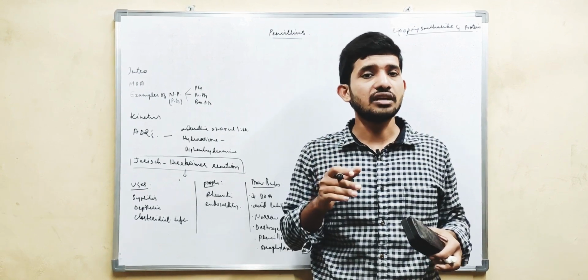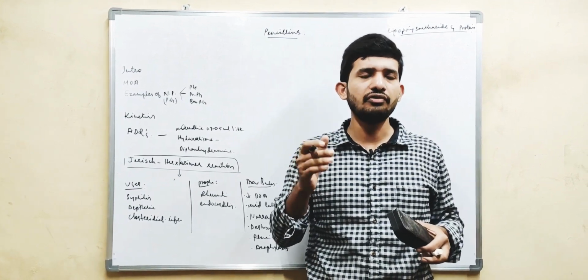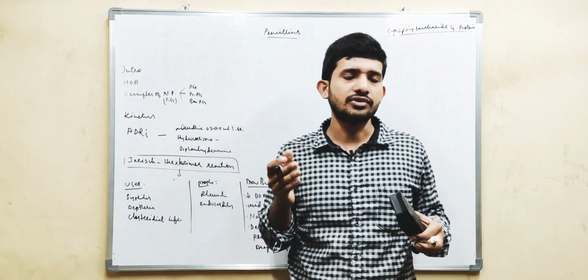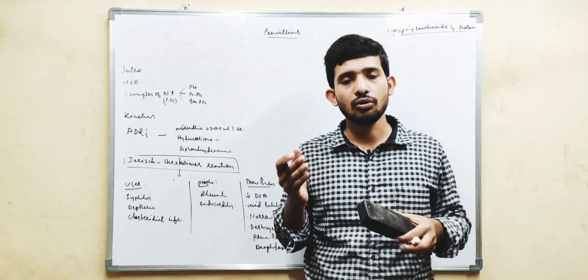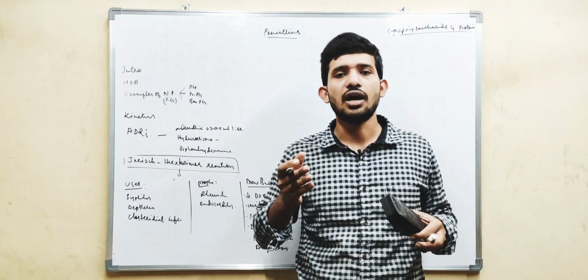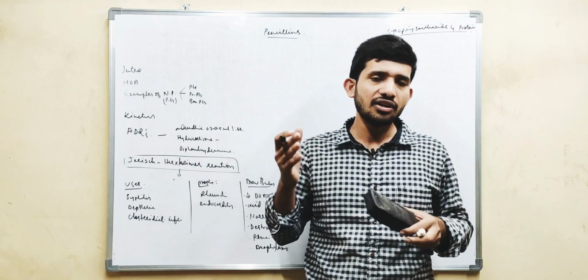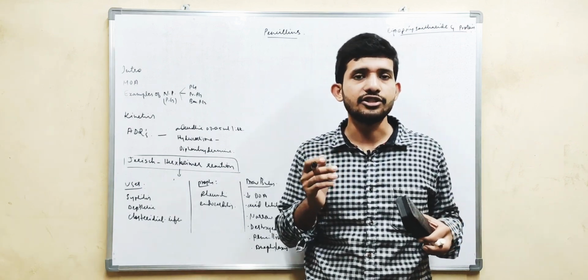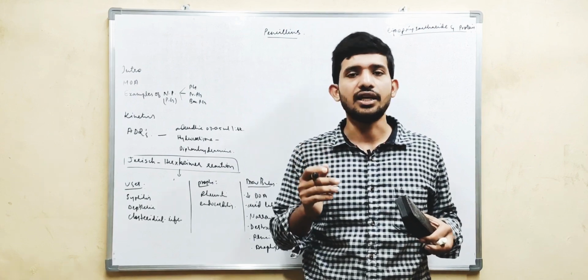Before penicillin was discovered, we were using antimicrobial agents like sulphonamides and quinolones, and some others like urine antiseptics. So they were used previously, and this was the first antibiotic which was developed and used clinically.